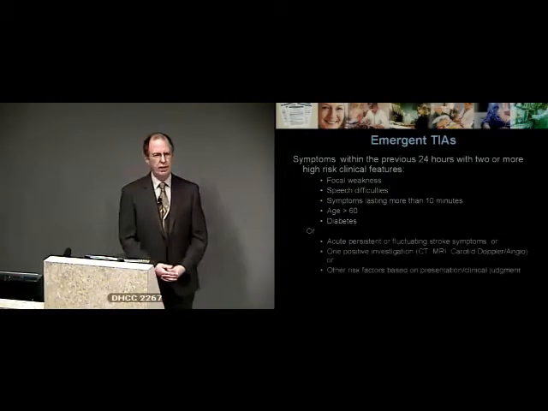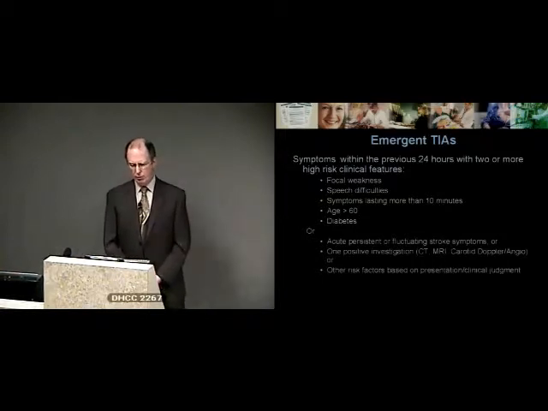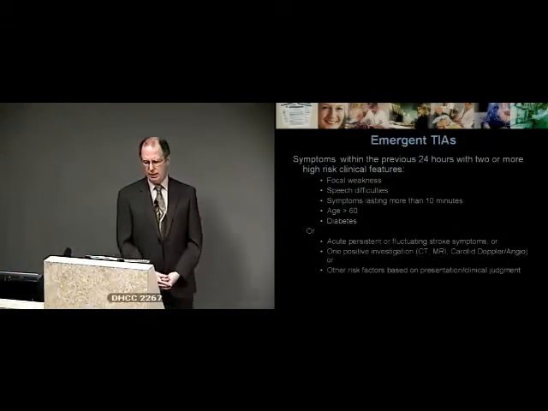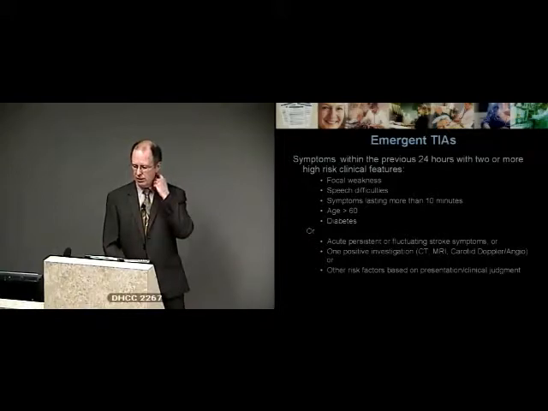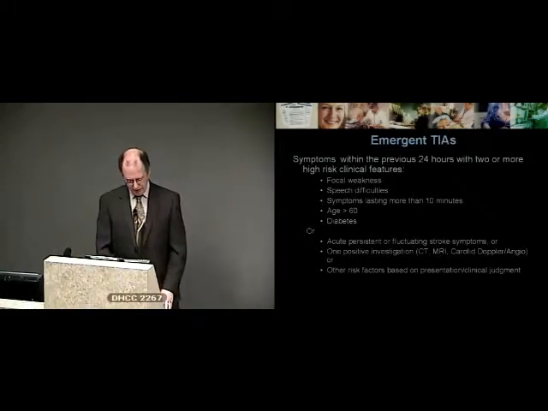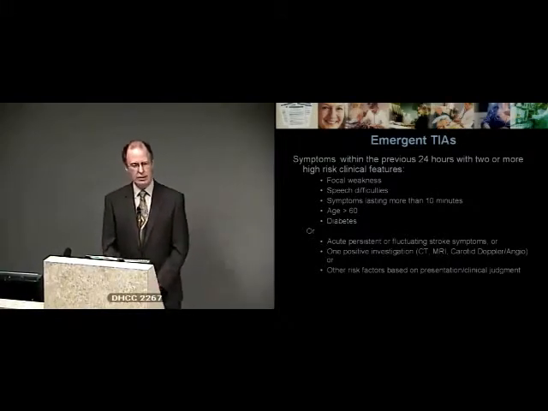Also, you can enter that category if you have acute, persistent, or fluctuating stroke symptoms, a positive investigation, or, and this is pretty open, other risk factors based on clinical judgment or presentation. In other words, if the clinician thinks it's an emergent TIA, it's an emergent TIA, and it should be treated urgently and managed as such.